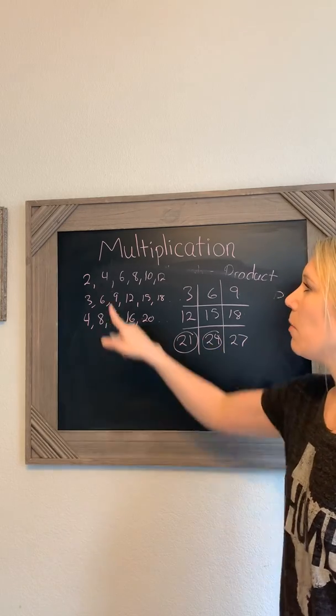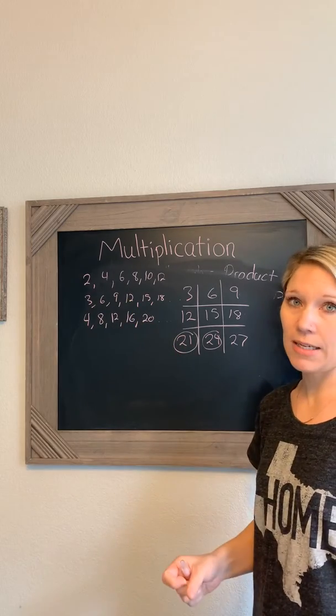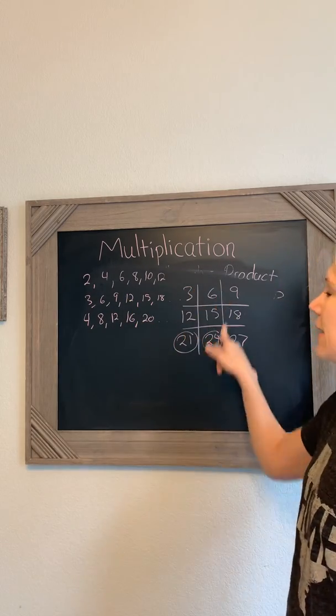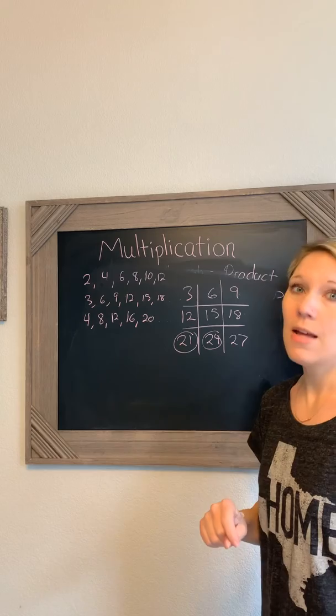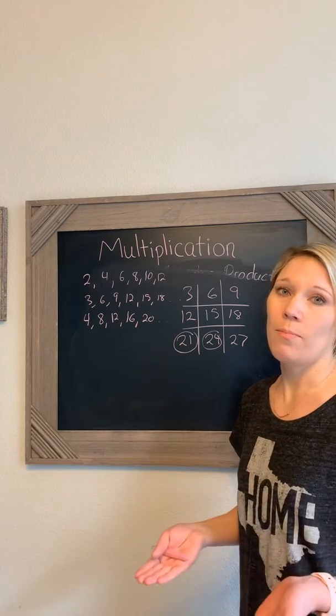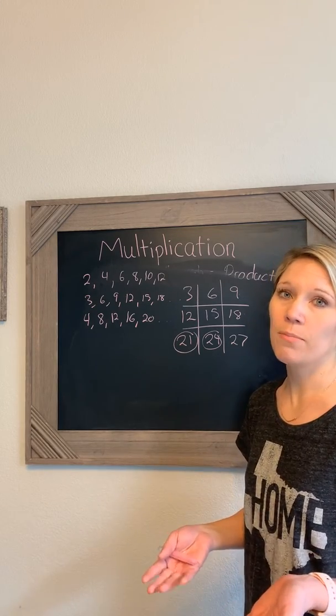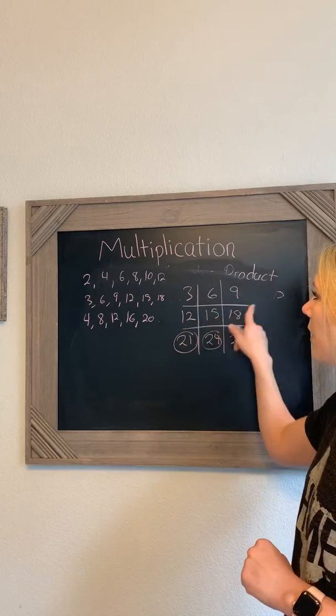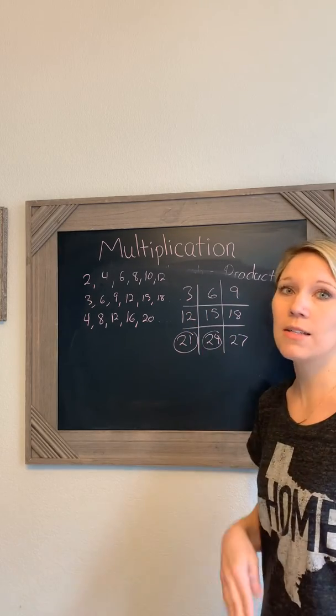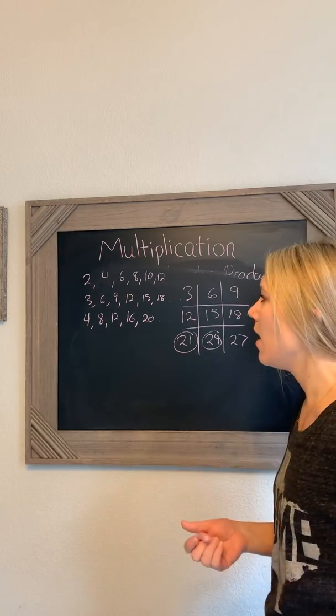So if you can at least memorize your skip counting, then you can plug it into a tic-tac-toe board when you are prompted with a multiplication problem, then you could just count the tic-tac-toe squares to solve that problem, okay?